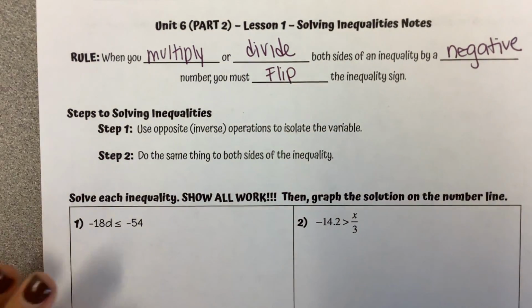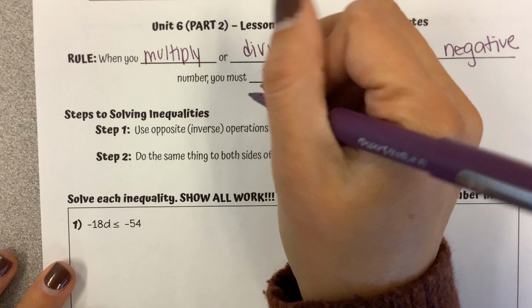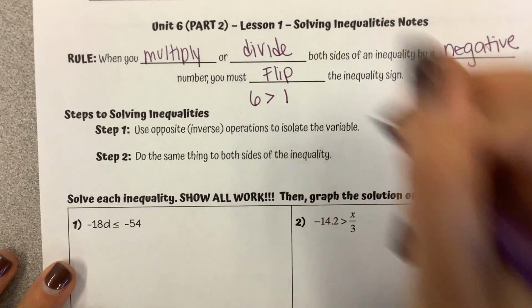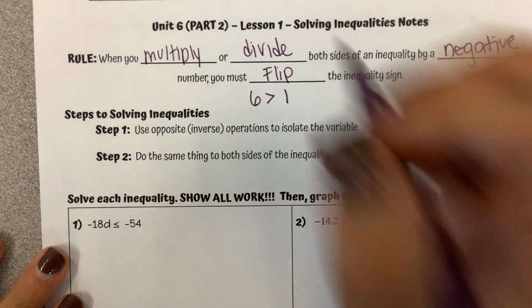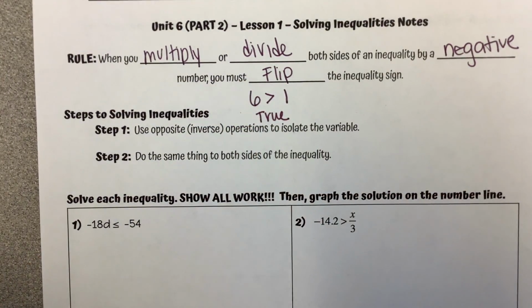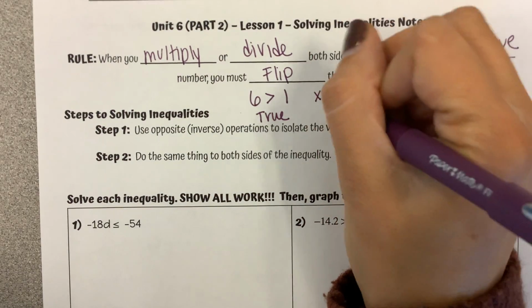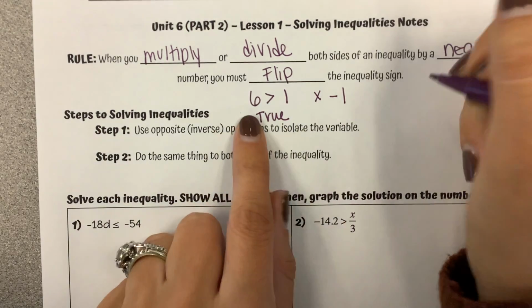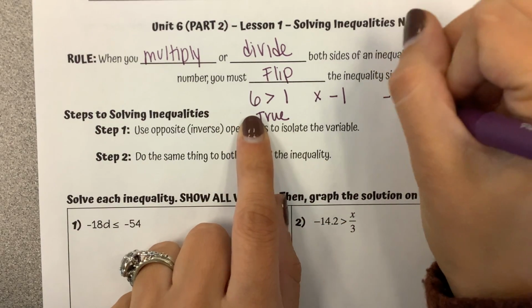So the reason for that is if we had an inequality statement that was true, like 6 is greater than 1, for example, that is a true statement. But if I were to multiply this by -1, now 6 times -1 is -6.